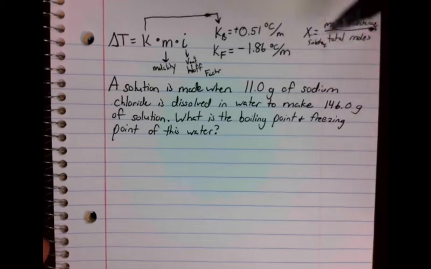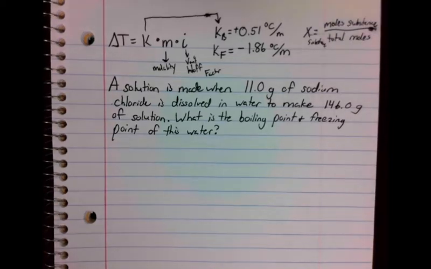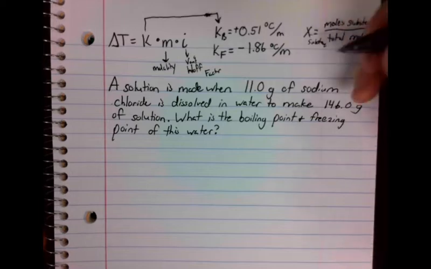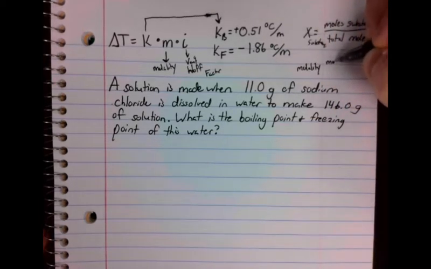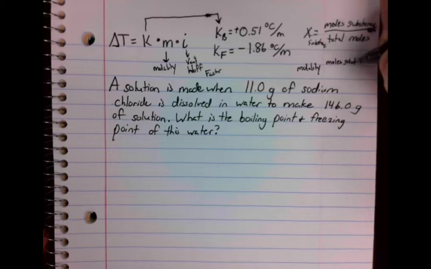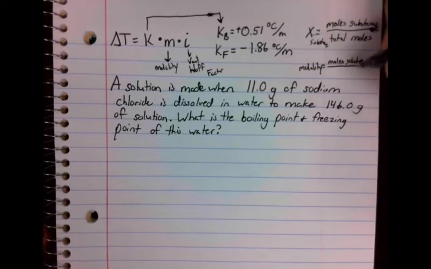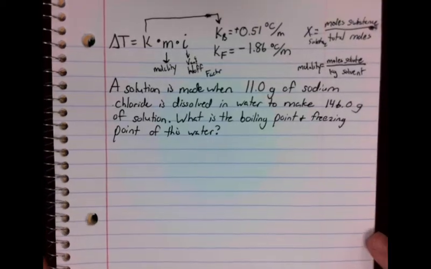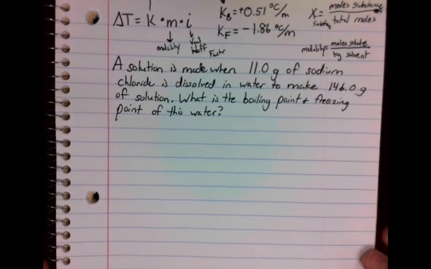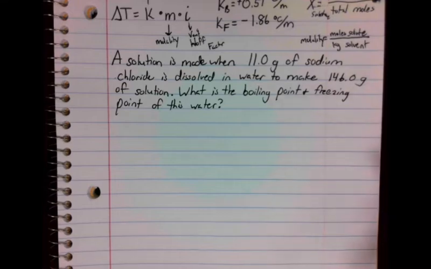This we aren't going to need. I just wrote this down here for one of the later problems. I did forget, though, we need molality, and that is moles of solute over kilograms of solvent.